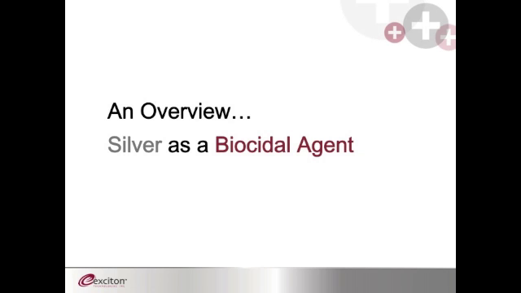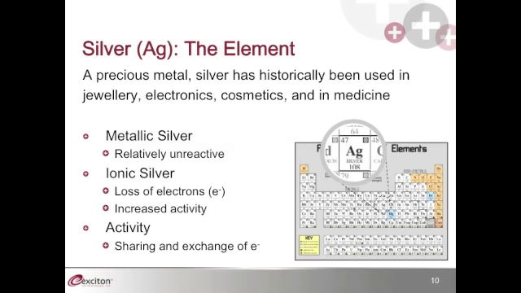And so, with this understanding of the reactivity of atoms, let's discover how silver functions as a biocidal agent and learn a bit more about the science and the history of this precious metal. A metallic element in its pure state, the relatively unreactive nature of metallic silver has encouraged its use in everything from currency to conductors.